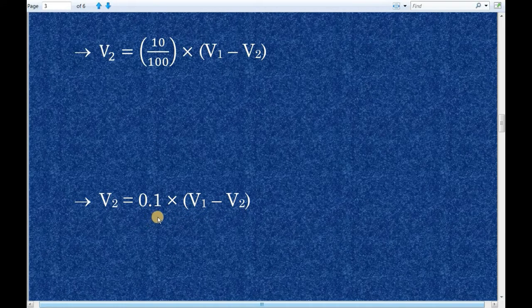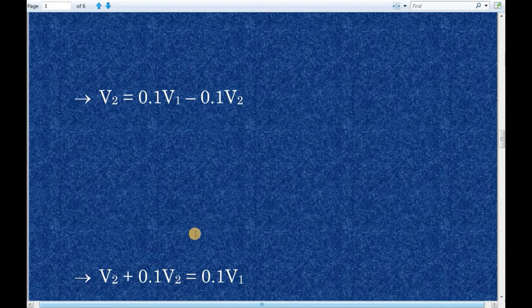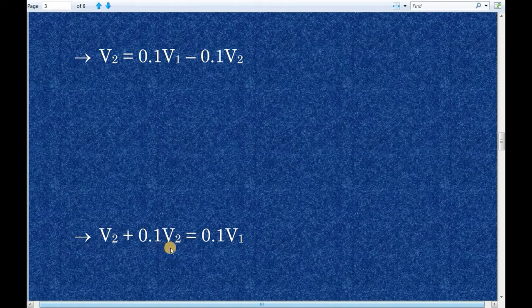In this RHS, 0.1 into V1 is 0.1 V1 and 0.1 into V2 is 0.1 V2. So V2 is equal to 0.1 V1 minus 0.1 V2. Now I am going to move this 0.1 V2 to the LHS. We get V2 plus 0.1 V2 is equal to 0.1 V1.